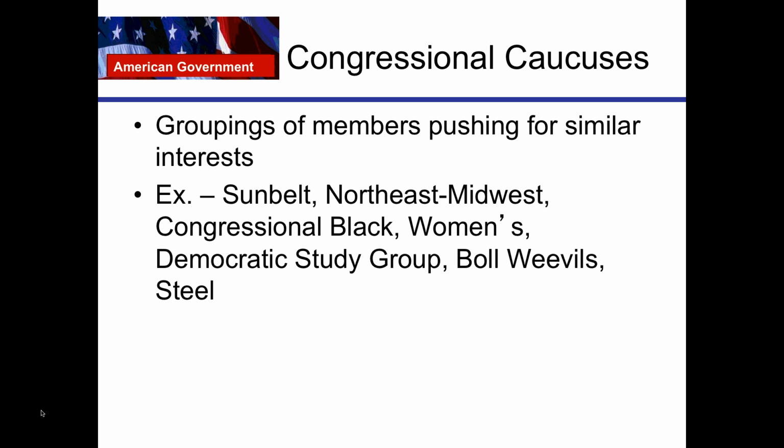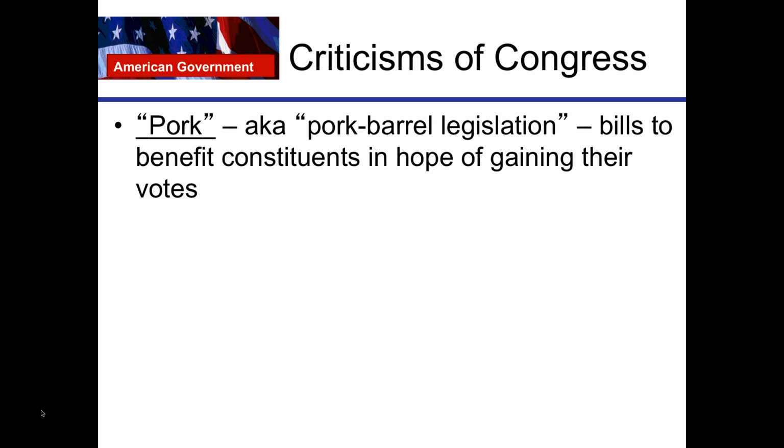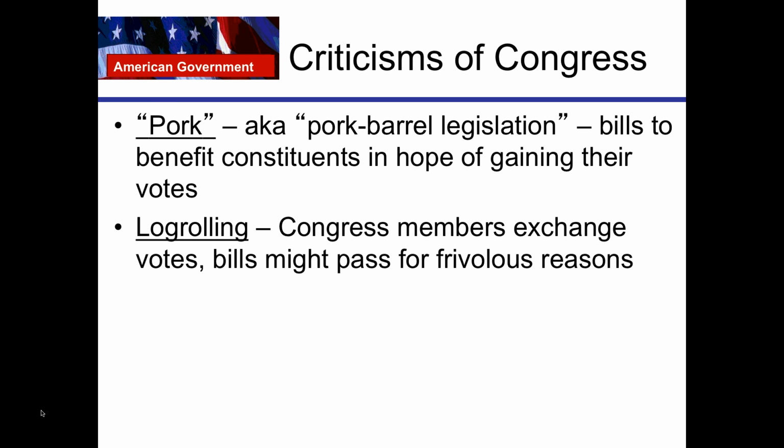So what are some criticisms of Congress? One criticism is that they put out too much pork. This is also known as pork barrel legislation. So that basically is bills that are meant to benefit constituents in hopes of gaining their votes. Another criticism is log rolling. Congress members exchange votes. Bills might pass for frivolous reasons.